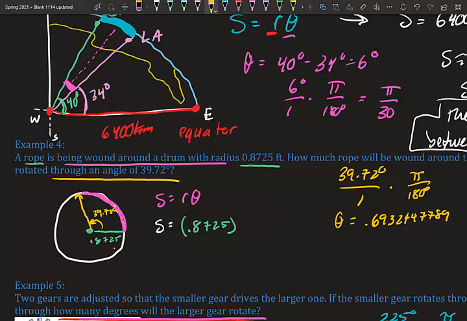Use the whole thing. You never round until your final answer. You always use all the numbers until the final answer. So our theta is 0.6932447789.